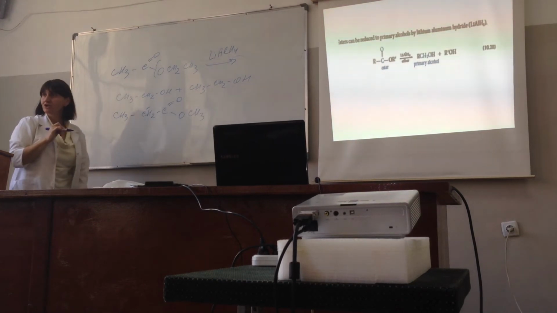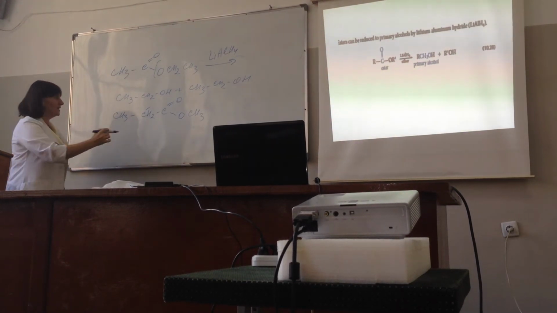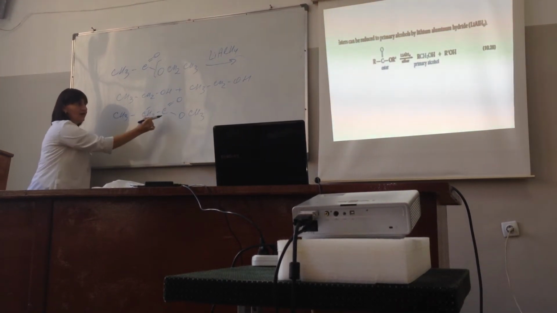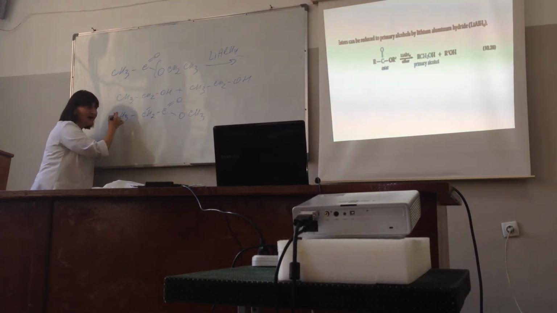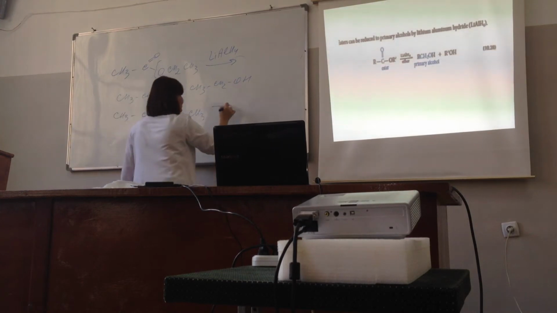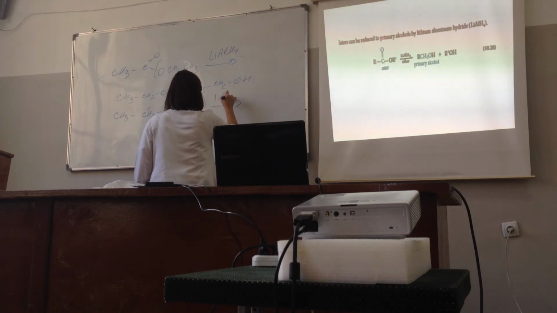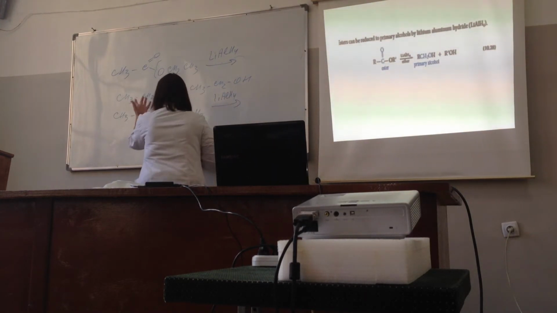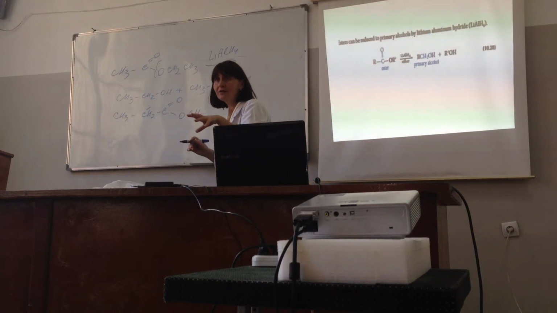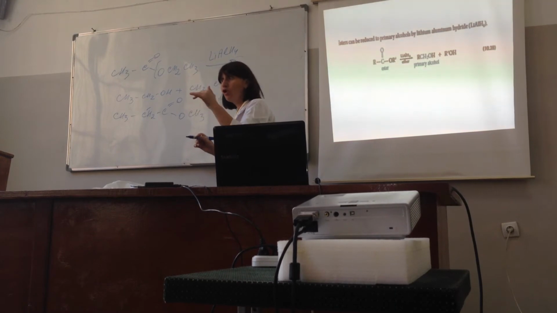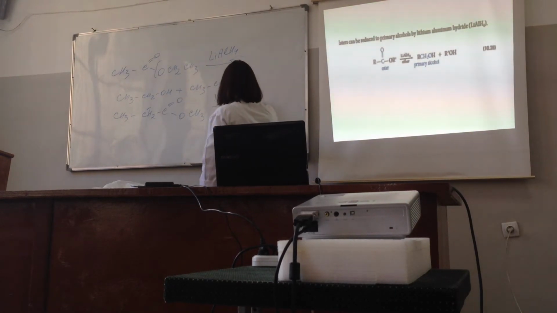What about reduction of this one? In this part, you have 3 carbon atoms, yeah? So finally, from this part, you get, after reduction, alcohol where you have 3 carbon atoms, so propanol, 1-propanol, CH3CH2CH2OH.